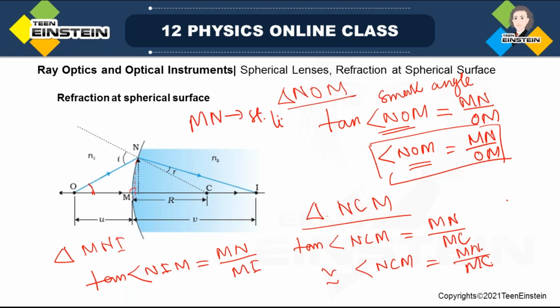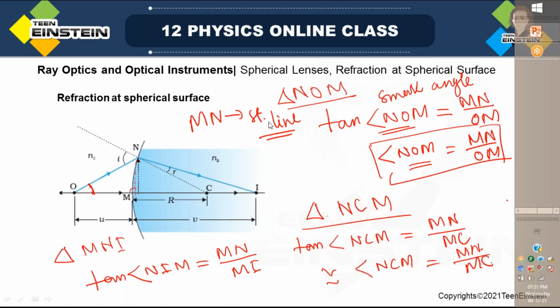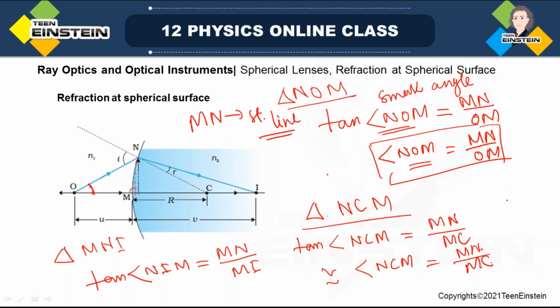In that case, small aperture means this angle also will be a small angle. If this is small, obviously this angle also will be small. So this small angle approximation we have taken here, tan theta is equal to theta. Then the rest of the things we have used from geometry and trigonometry somewhat. With that we have derived the formula.